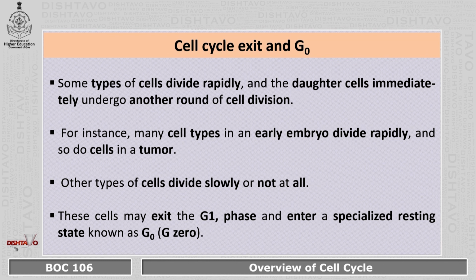Other types of cells divide slowly or not at all. These cells may exit the G1 phase and enter a specialized resting state known as G0.